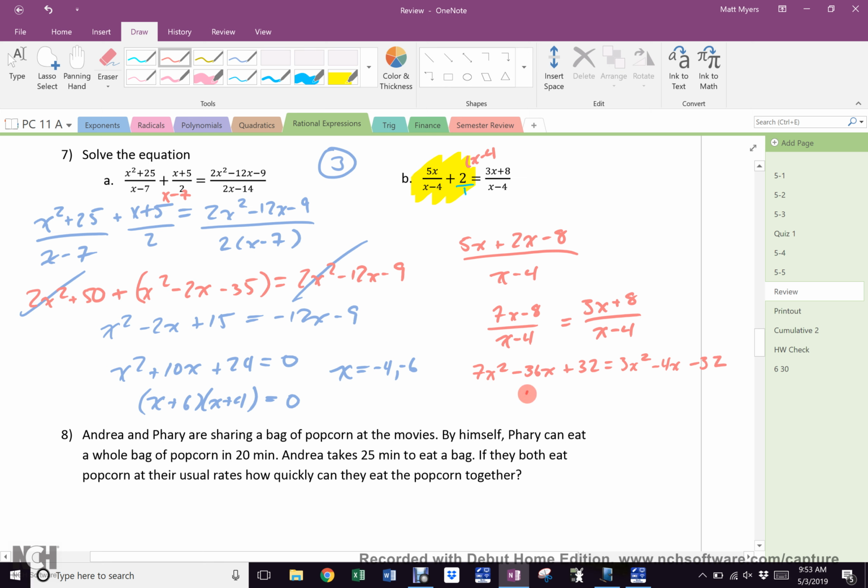Collect like terms. 4x squared, I'm bringing everything over here, minus 32x plus 64, right? What's coming out of there? 4x squared minus 8x plus 16, yeah? Factor that. x, 4x minus 4 squared, right? So what's my equals 0? So what's my answer?